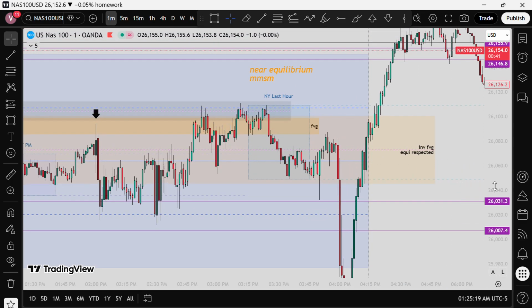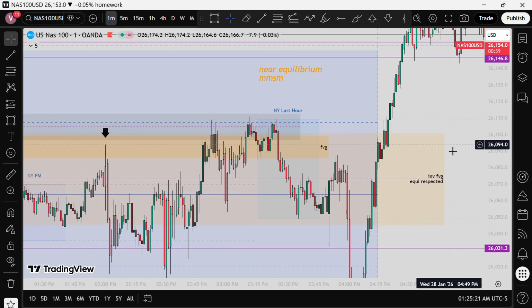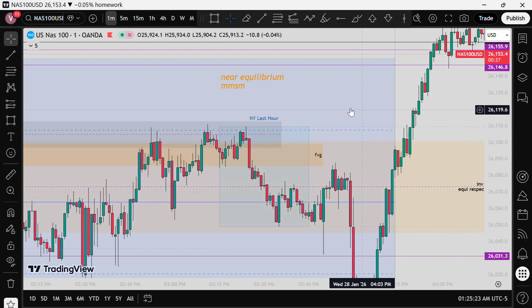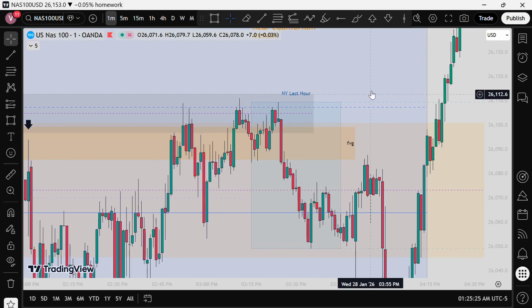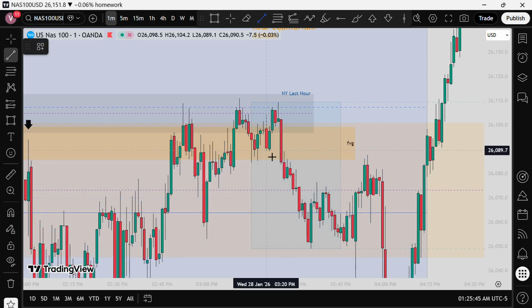Now if you see closely, you will find these two green candles as the order block. Why we aren't considering this is because its body is lower than this one's. That's why we can consider these two as CISD candles.